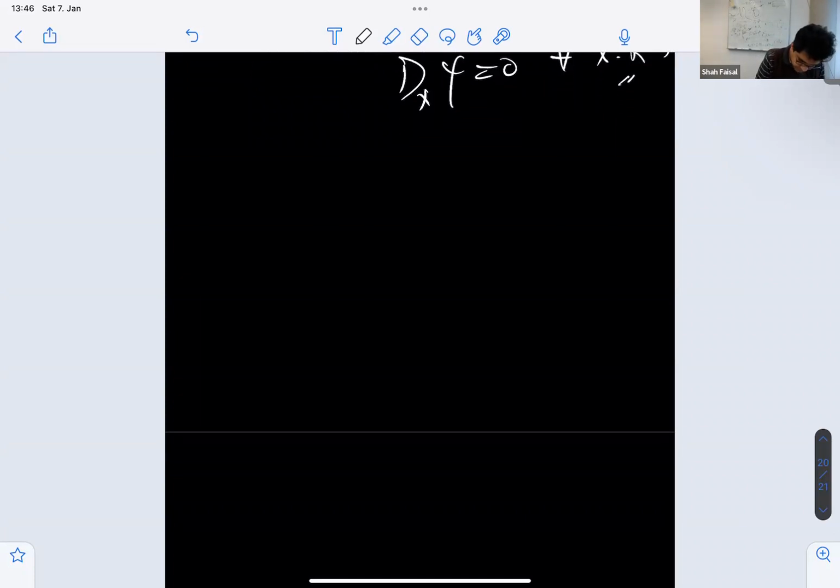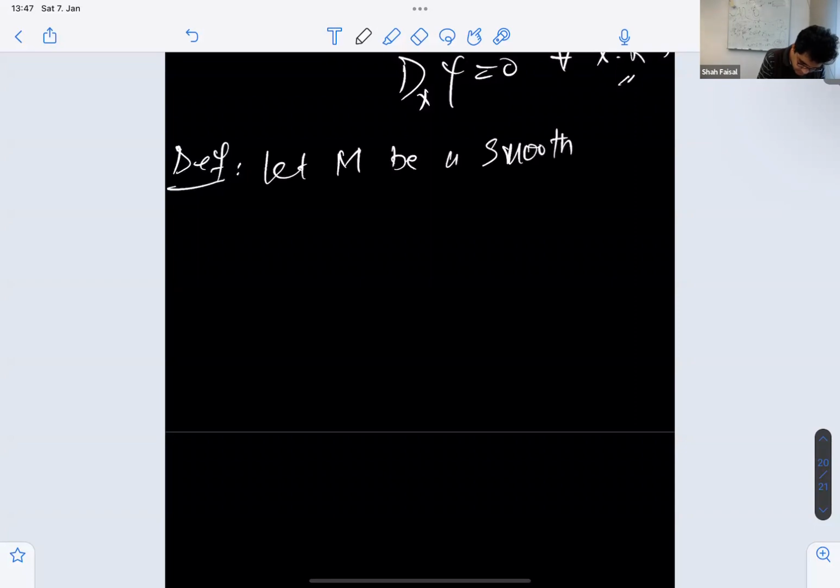So let's go to the definition. That kind of derivative on a manifold is called a connection. So let M be a smooth manifold.